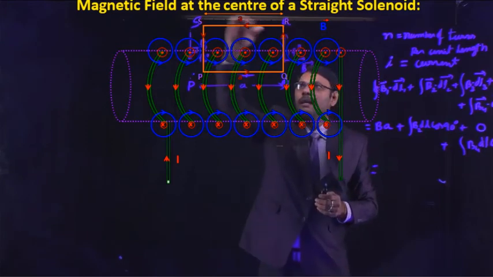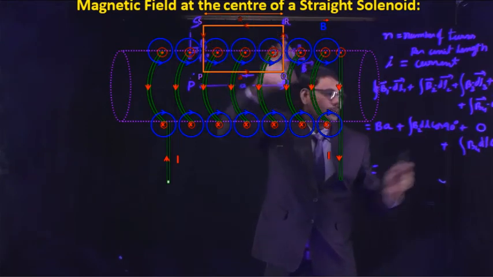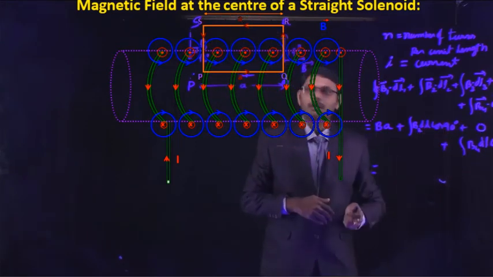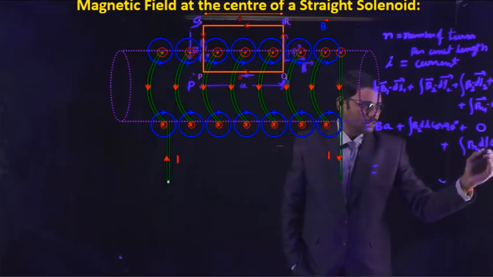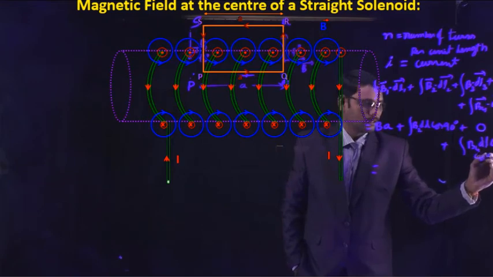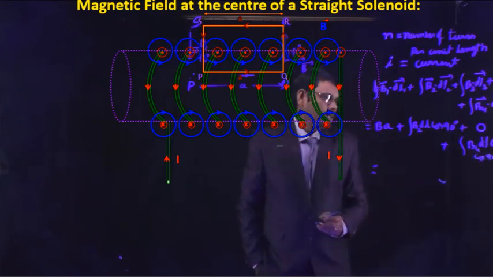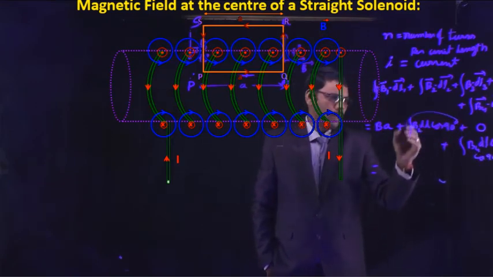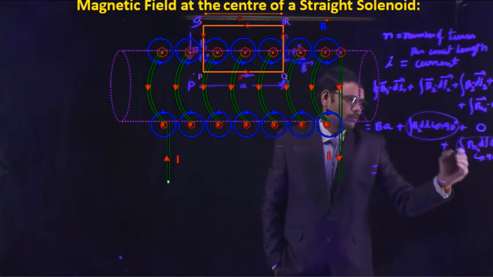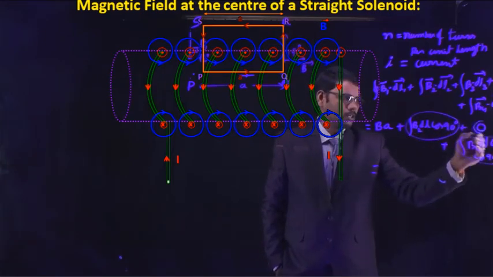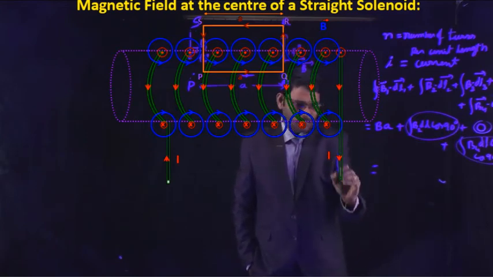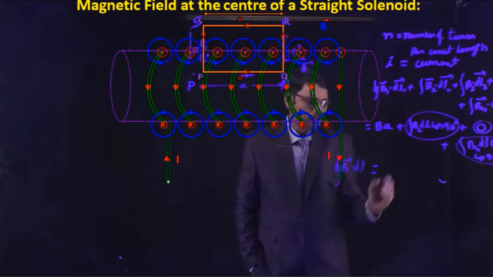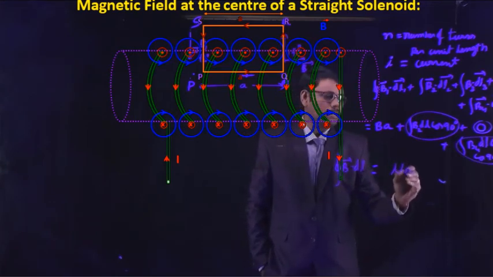For RS, the length is outside the solenoid, hence the magnetic field is 0. For the SP part also, we write the integral of B dl cos 90. So this term vanishes, this term also vanishes, everything is 0.